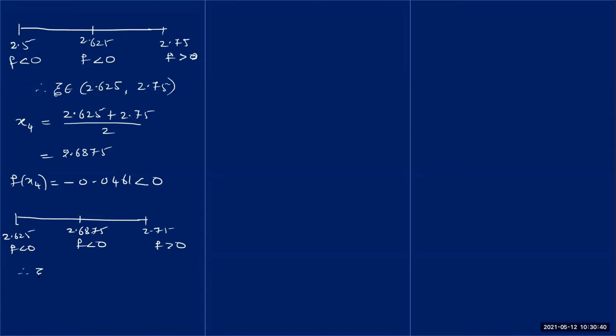Therefore, the root lies between 2.6875 and 2.75, so I'm writing this as my next interval. Fine. Now if you calculate the fifth approximation, again, it is the average of these two. I'm writing it directly, 2.6875 plus 2.75 divided by 2, which is 2.